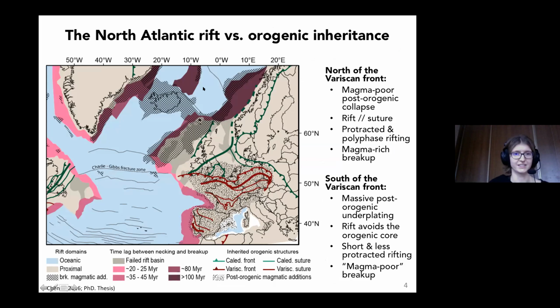When we look at the characteristics of rifting in Western Europe and compare the Caledonide domain to the Variscan domain, we can also see other differences. First, in addition to the rift following the suture zone in the Caledonides, the orogenic collapse of the Caledonide orogeny was magma poor, but its rifting was protracted, polyphase, and had a magma-rich breakup with lots of magmatic addition, represented here in hatched pattern.